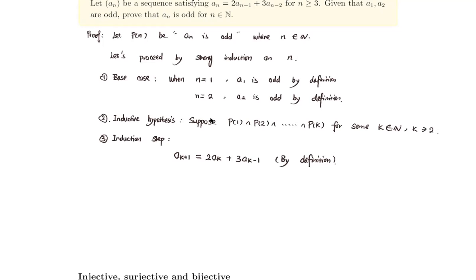Okay, no question. Now, by the IH, we know that a(k) and a(k-1) are both odd. So we can write a(k) equals 2m plus 1 and a(k-1) equals 2n plus 1, where m and n are integers.